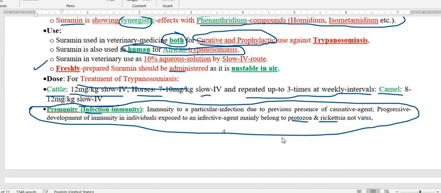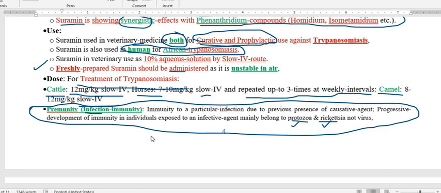The name tells something: in case of protozoa and in some rickettsia, if a very meager quantity of protozoa exists in the host, this leads to the development of immunity against that particular protozoa residing in the host.